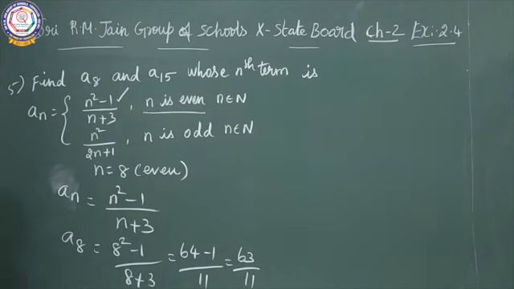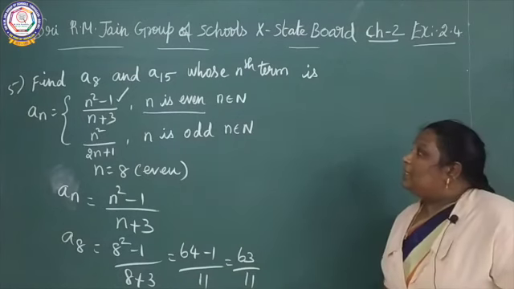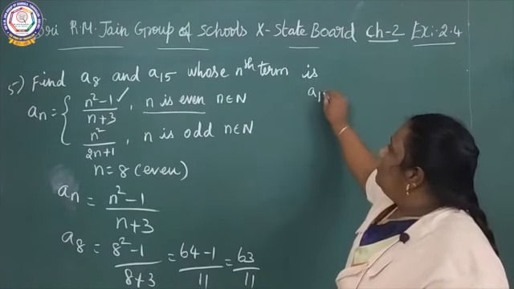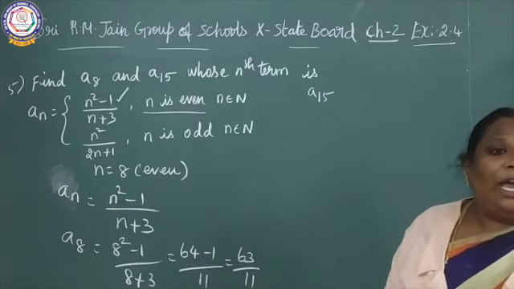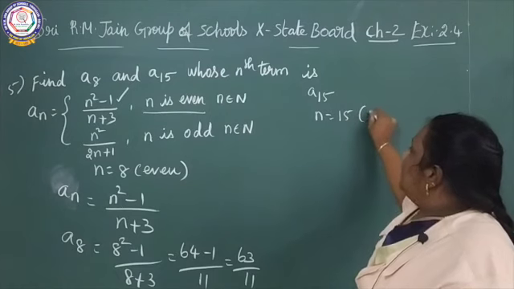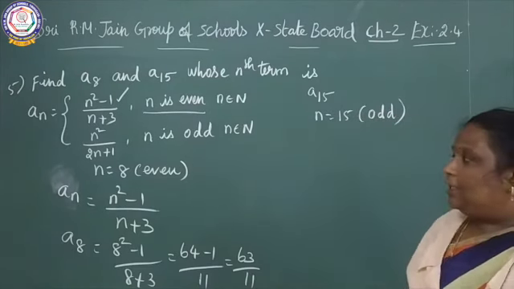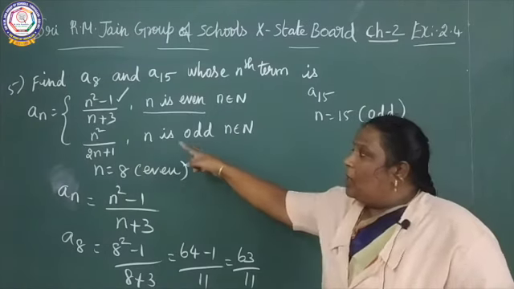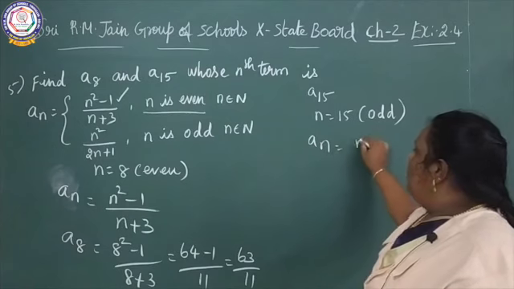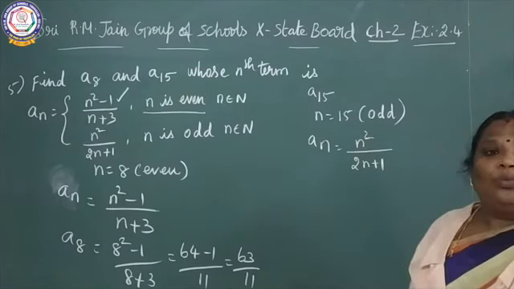So what is the next one we can choose? A15. N equal to 15, it is an odd number. If it is odd, you can choose the next one: An equal to n square by 2n plus 1.